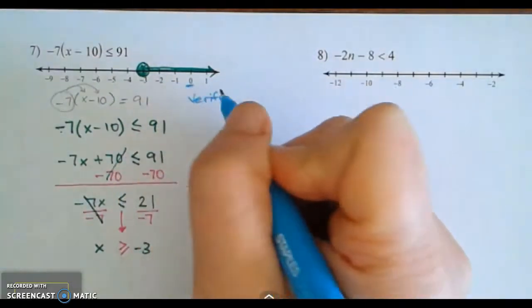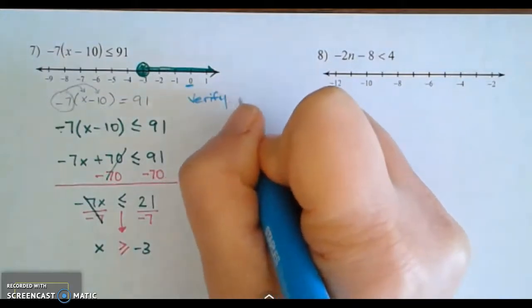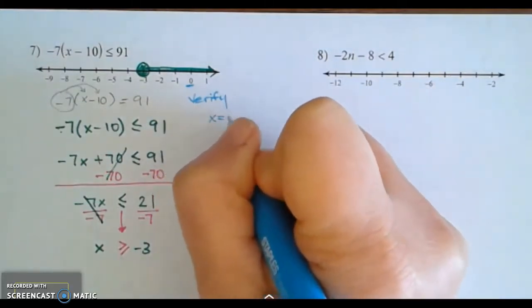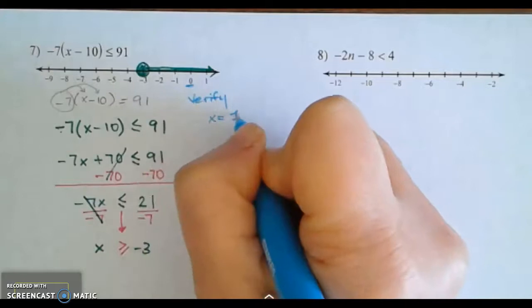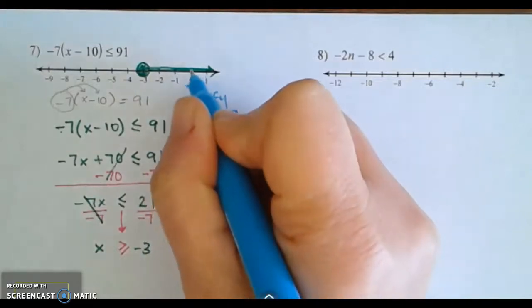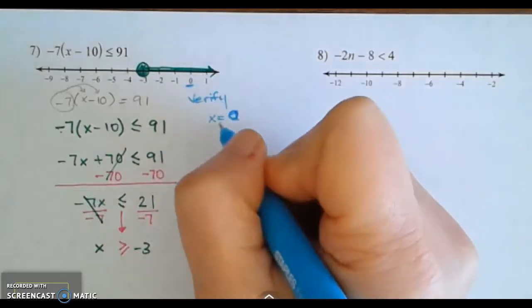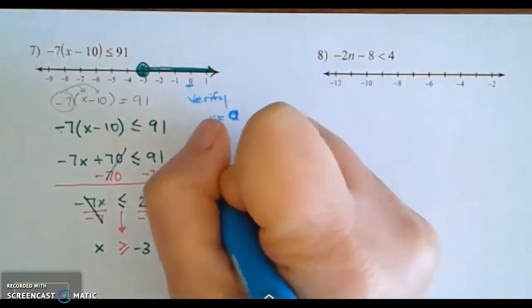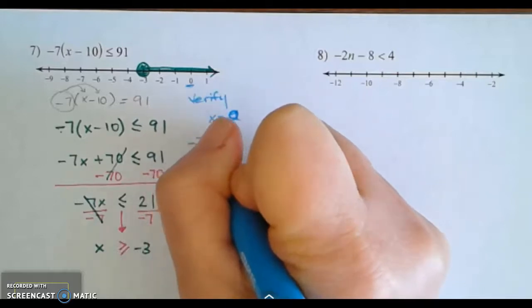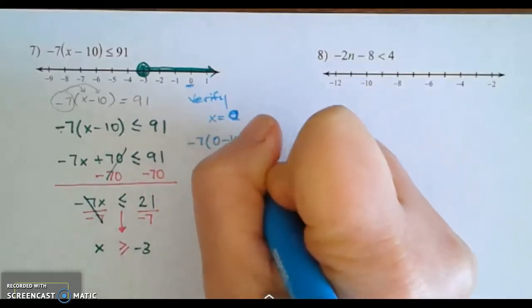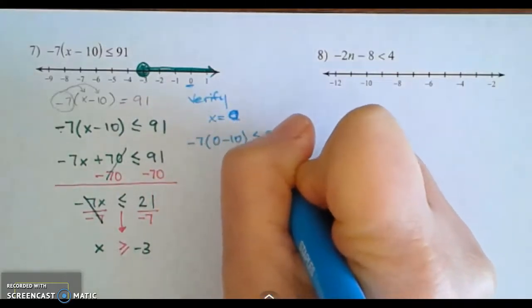Okay, 0 or 1 is always easy. Notice that 0 is included as a solution, so that means it should come out as true when I substitute that in. So I substitute into my original inequality, -7 times (0 minus 10) is less than or equal to 91.